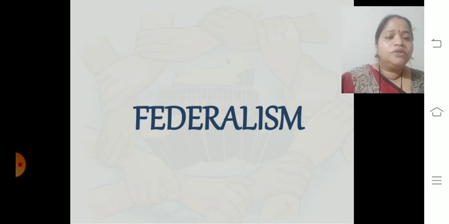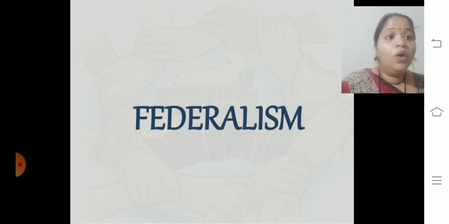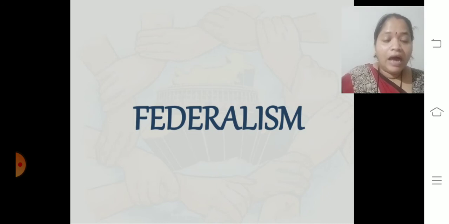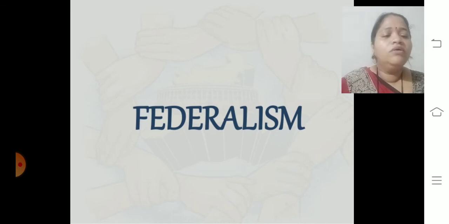Now, do you know, children, that after independence we had to decide how to run the government, how to set it up, and which policy would work and be helpful for the proper working of this government, which would be very fluent, and all subjects should cooperate. So here we'll look at a good example of federalism, which helped, but federalism also works in different ways at different places. We'll look at it in detail.